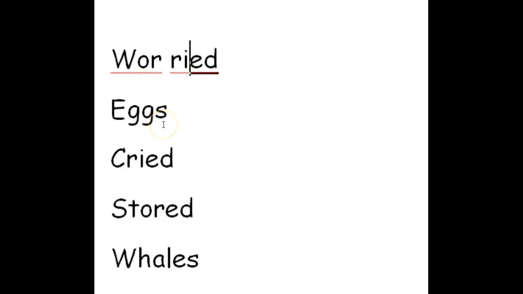Eggs. Here there are no spelling changes to egg to add an s, plain and simple, just adding the s without a spelling change. Here is cried. We know that the base word for cried is cry. Here we have a word that ends in y, so we needed to change the y to an i before we could add the ed ending.